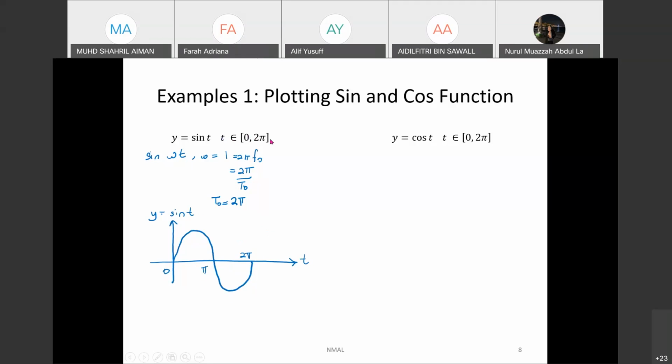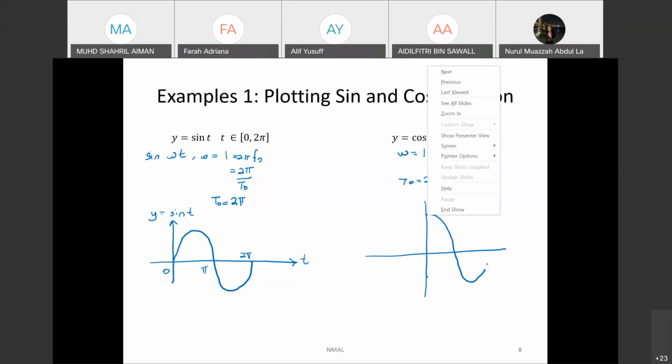The same goes for y equal to cos t. You will get omega equal to 1, equal to 2 pi over t naught. So t naught is equal to 2 pi. For cosine, you know the cosine starts from here, so it will go like this.